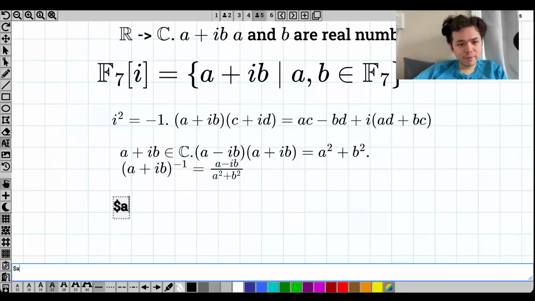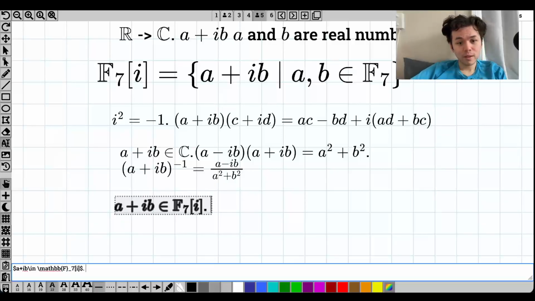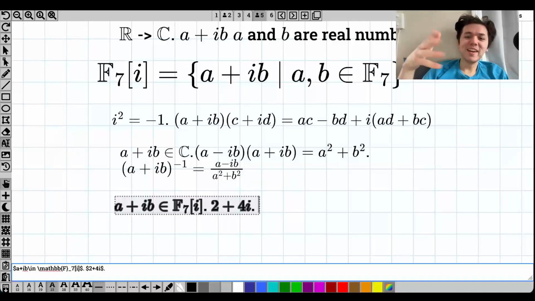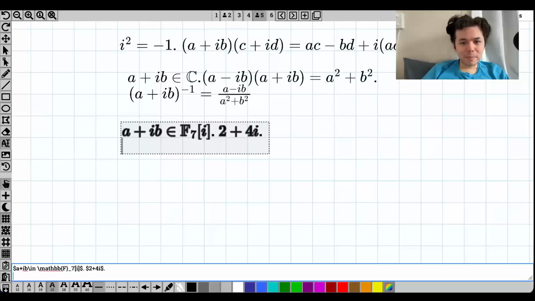Now we have a plus ib in this field, which is different from the complex numbers, I'll tell you that. It's 49 elements. So an example would be 2 plus 4i. I guess that doesn't look that different from a complex number, but it's 2 and 4 mod 7. And how do you do the inverse?